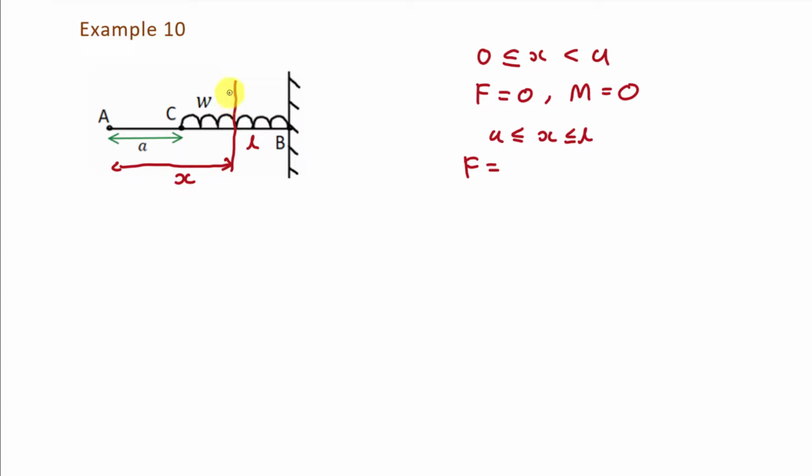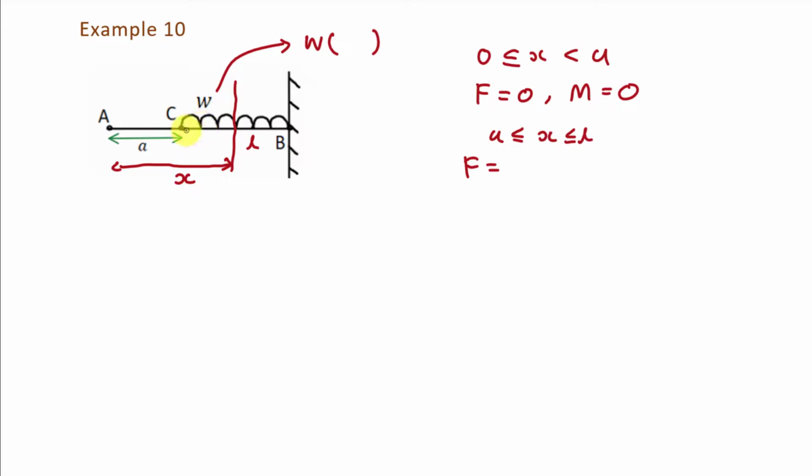Now at the left side of this section, there is a uniform distributed load up to this length. So what will be the total load due to this uniform distributed load? We know that total load is equal to the value of the uniform distributed load times the distance over which it is applied.